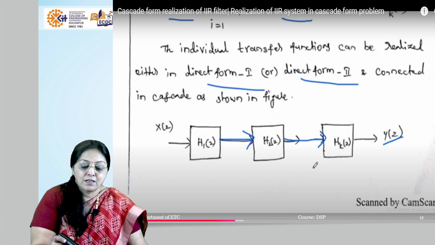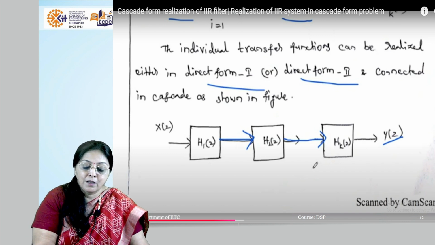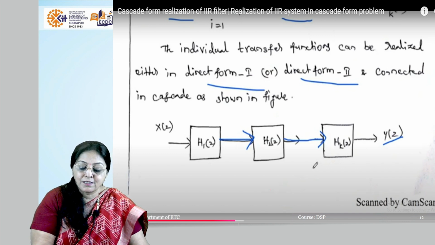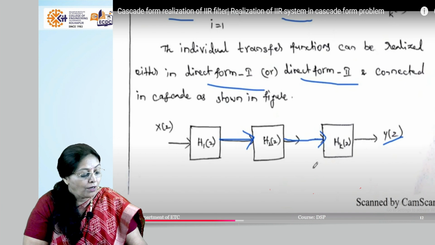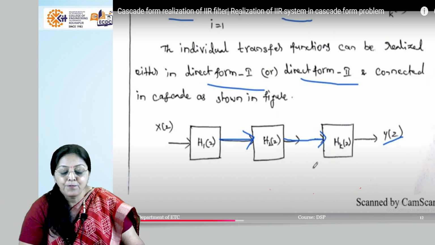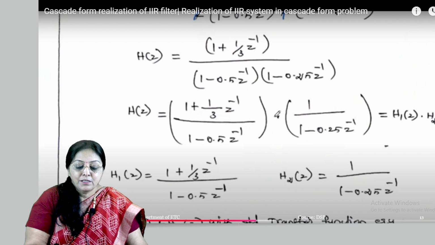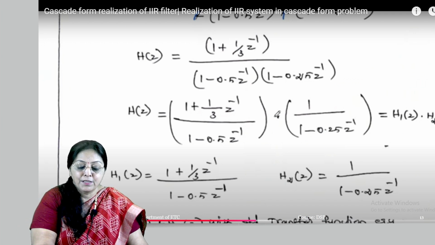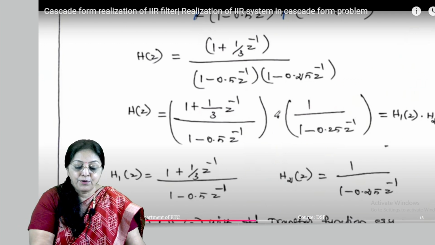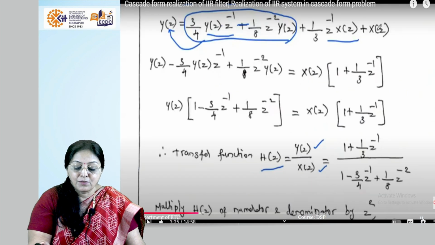The generalized cascade realization equation is H1(z) multiplied with H2(z) multiplied with H3(z), that is our overall H(z) we are going to estimate. We use separate realizations. Now observe this H(z), 1 plus 1 upon 3 z minus 1 in the numerator.